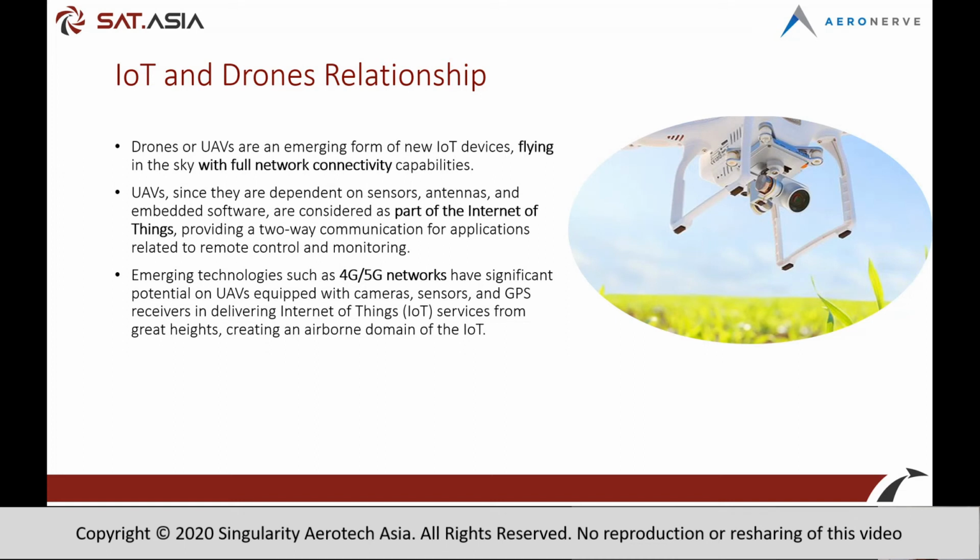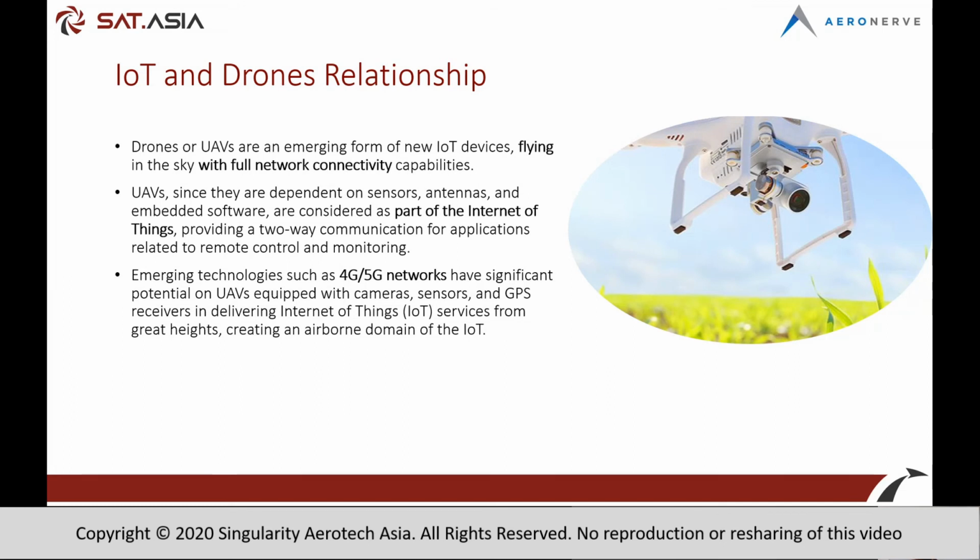And now with emerging technologies like 5G and 4G networks, these have driven drone technology to be equipped with more sensors, more cameras, or more functions in delivering Internet of Things, IoT services.